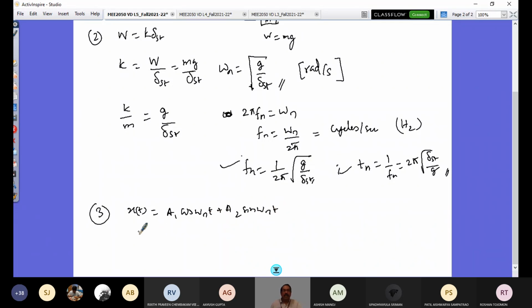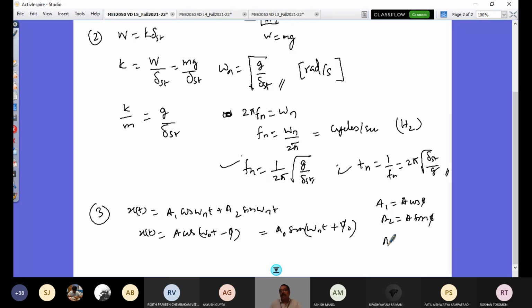And we have seen that it can be represented as A cos(omega nt minus phi), or A naught sine(omega nt plus phi naught), where phi and phi naught come from the definition of a1 equals A cos phi, a2 equals A sine phi, or a1 as A naught sine phi naught, and a2 as A naught cos phi naught. So consider accordingly.